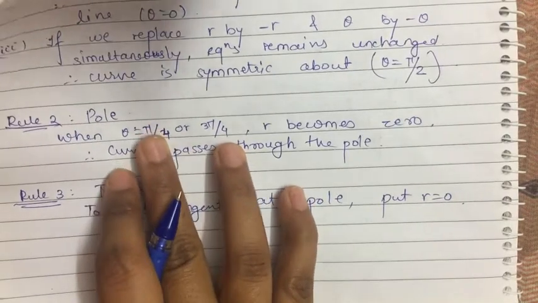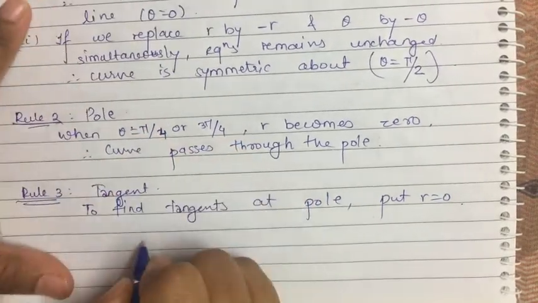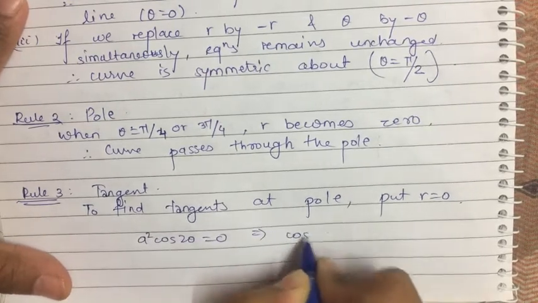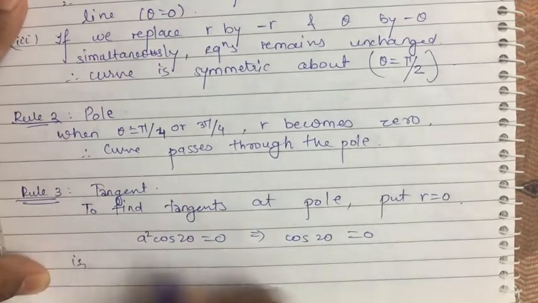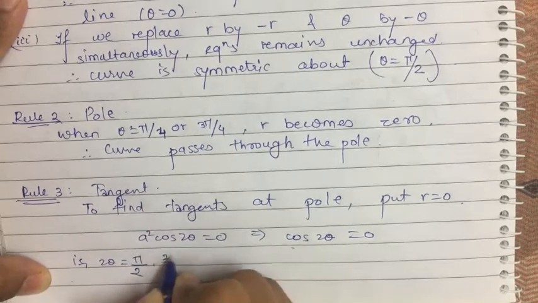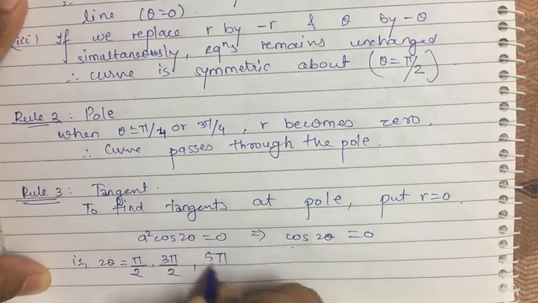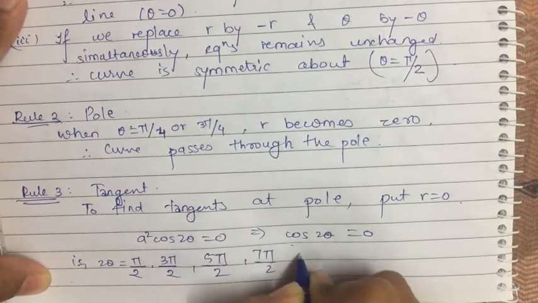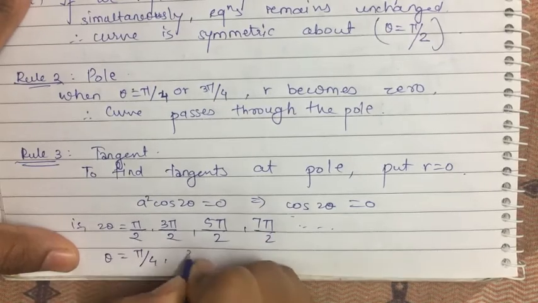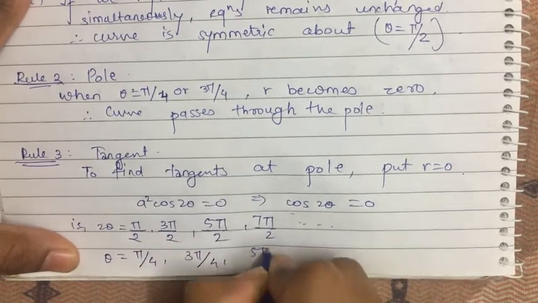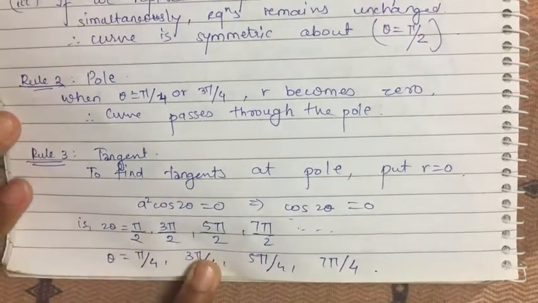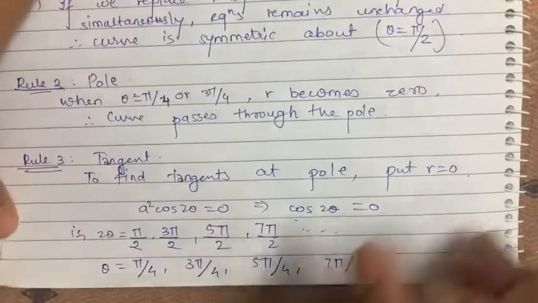A square cos 2 theta equal to 0, that is cos 2 theta equal to 0. That is, cos 2 theta is 0 for odd multiples of pi by 2, that is pi by 2, 3 pi by 2, 5 pi by 2, 7 pi by 2, and so on. So this is when theta is pi by 4, 3 pi by 4, 5 pi by 4, 7 pi by 4. Okay, so these are the tangents at pole, that is tangents at origin.